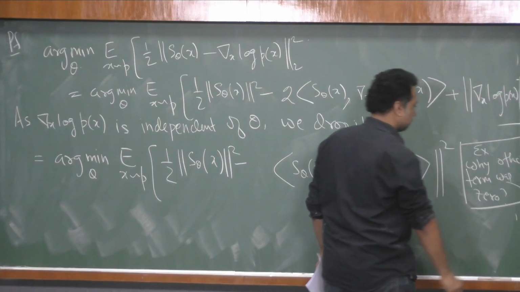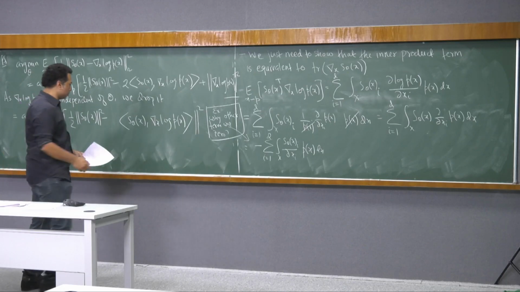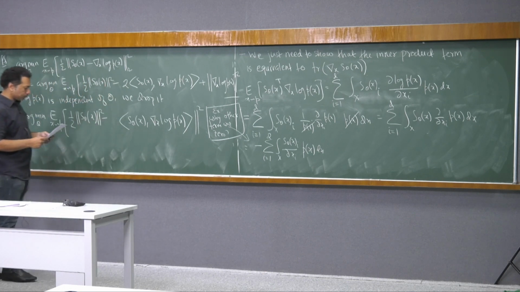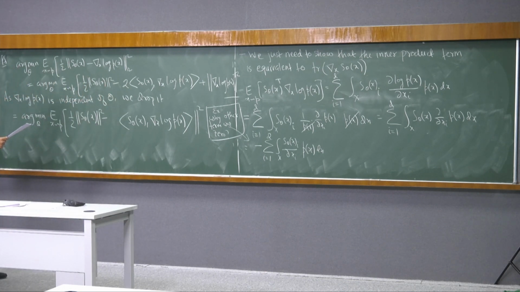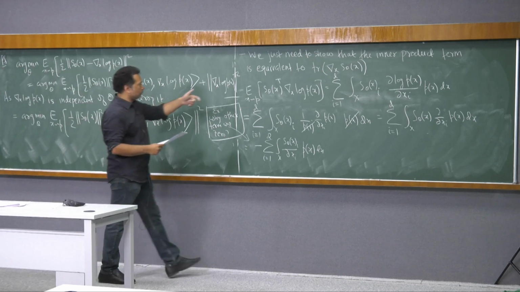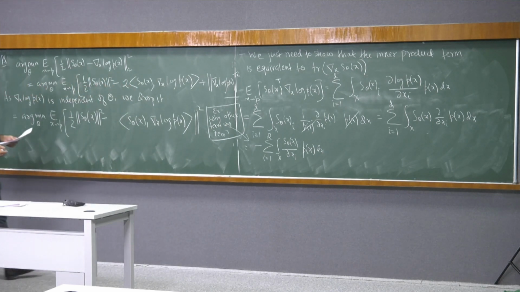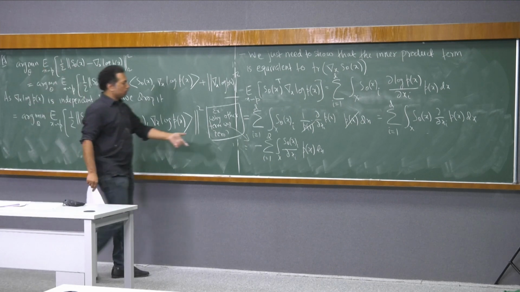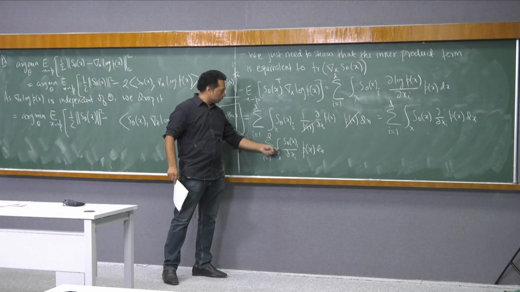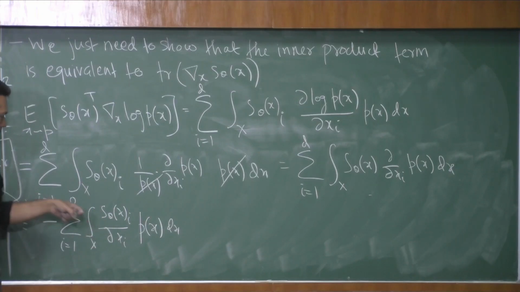So we have this simplification here. Our goal was to go up to the trace, right? So do we see that it's a trace? It is indeed a trace, because you see there is only the ii term left, so it's like summing up the diagonal of the gradient of s theta.